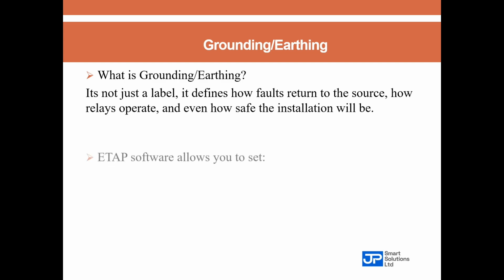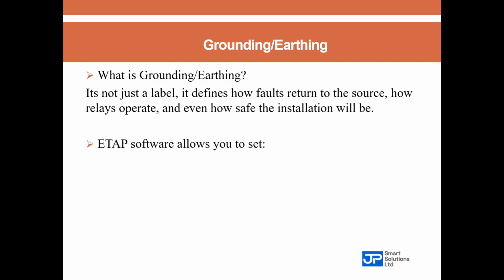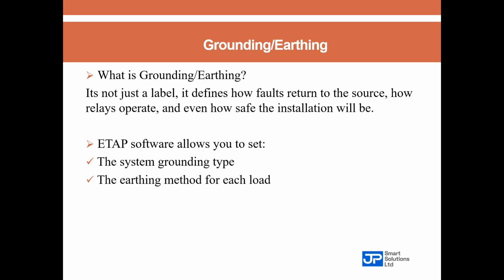Now, the software allows you to set things like the system grounding type. We can have solid, resistance, reactance, or ungrounded systems. We also have the ability to set the earthing method for each load, such as the TN-C, the TN-S, the TT, or the IT. We'll go into earthing methods in detail maybe some other day.